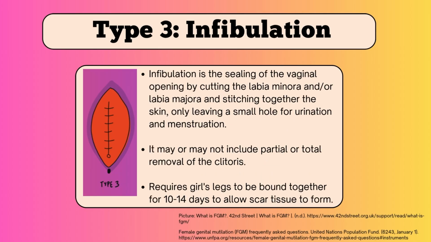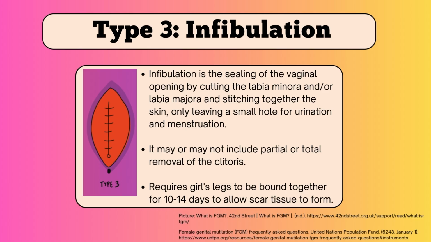Type 3 FGMC is called infibulation. Infibulation is the sealing of the vaginal opening by cutting the labia minora and/or labia majora and stitching together the skin, only leaving a small hole for urination and menstruation. Infibulation may or may not include partial or total removal of the clitoris.